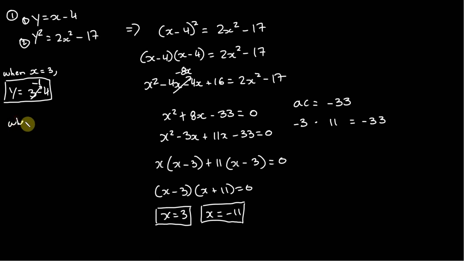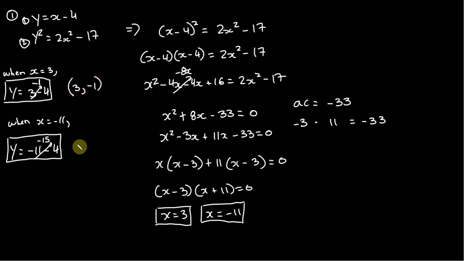Now when x equals negative 11, y equals negative 11 minus 4, which is going to give us negative 15. So the two points of intersection are going to be (3, negative 1) and (negative 11, negative 15). And if you were to plot the graph, you would find that this is where the line meets the curve at these two points.